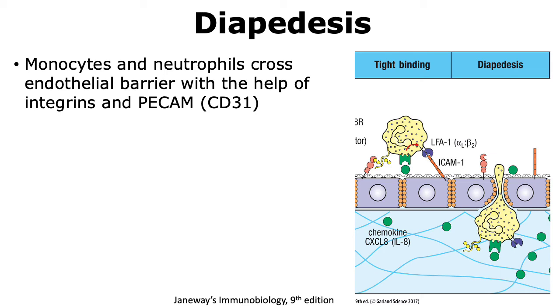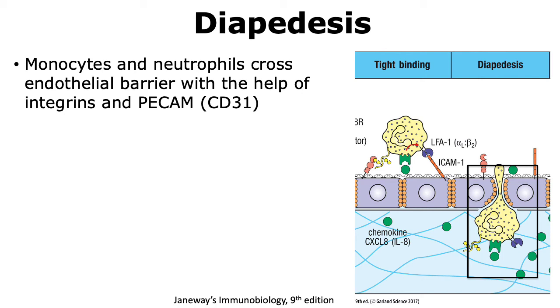The next step of extravasation is called diapedesis. In this step, the monocytes and neutrophils are able to cross the endothelial barrier through the endothelial junctions. This is what is shown in the figure in the black box, where we can see an immune cell squeezing through the junctions between two endothelial cells.